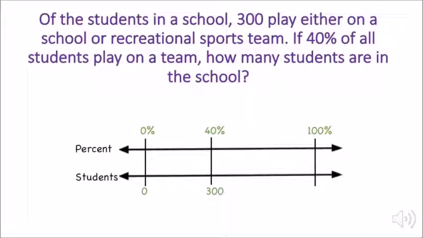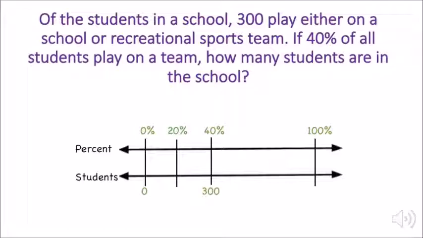If I now look for a multiplication pattern, I see that there isn't a whole number I can multiply 40% by to get to 100%. I need to look for a factor of both 100 and 40. Since 20 is a factor of both 100 and 40, I can use 20% to help me find 100%.